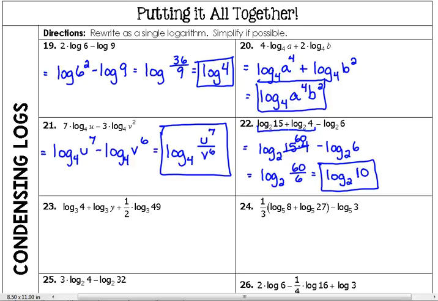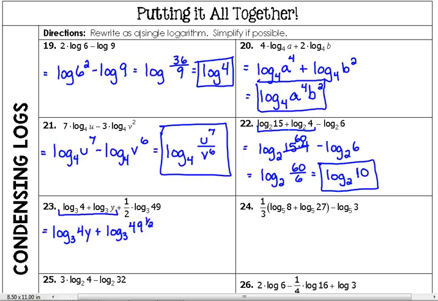Okay, number 23. We've got 3 of them again. They all have the same base. This time we're adding them all, so that means we can just multiply them all. But first, I'm going to go ahead and multiply the first 2 because they don't have any coefficients in front of them. But that last one has a coefficient of 1/2, so we've got to move that first. There cannot be anything in front of your logarithms before you combine them. So that 1/2 becomes an exponent of 1/2.